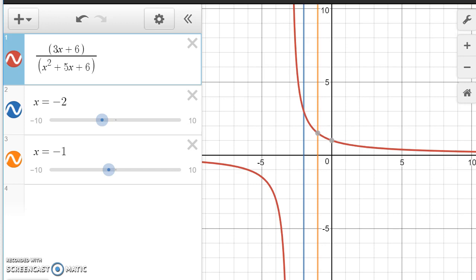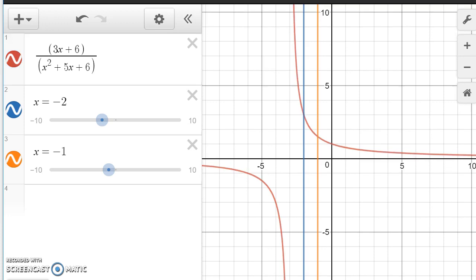Whereas x equals -2, where it's undefined, where we have our hole, it does not show that. There is no point there. Even if I click back on the line, it never appears, but on x equals -1, where it is defined, you do see that. So that's one way to tell that you have a hole.